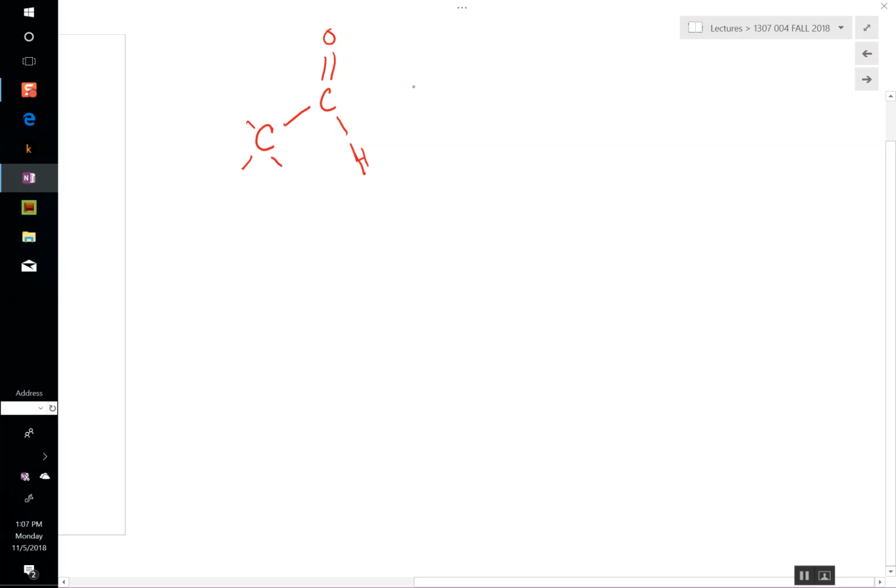Now remember the hemiacetal reaction. It's the reaction of a carbonyl with an alcohol. It gives you a hemiacetal.